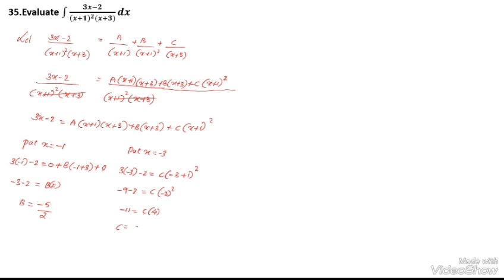Therefore, c value becomes minus 11 by 4, taking x as minus 1 and minus 3.